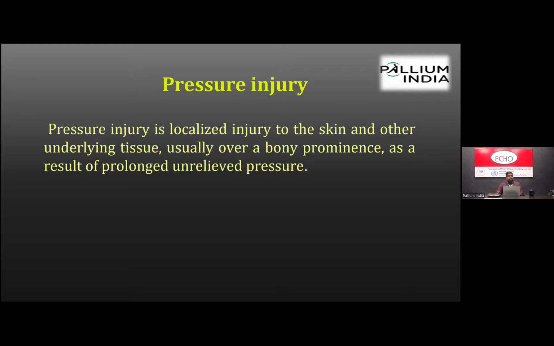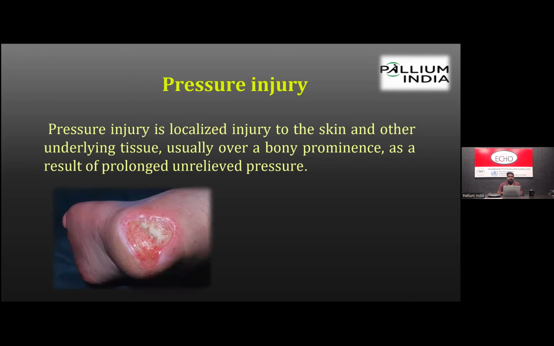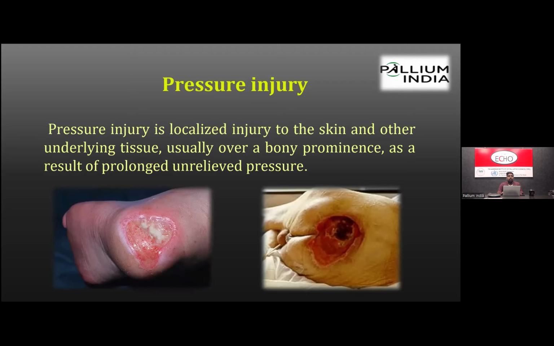A pressure injury is a localized injury to the skin, and maybe the underlying tissues are also affected. Usually it happens over a bony prominence as a result of prolonged, unrelieved pressure on a certain area, as in this wound you might be seeing.